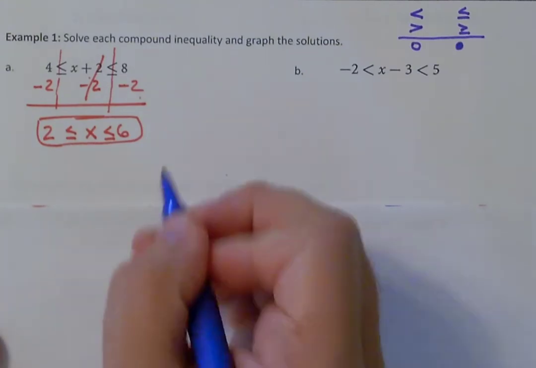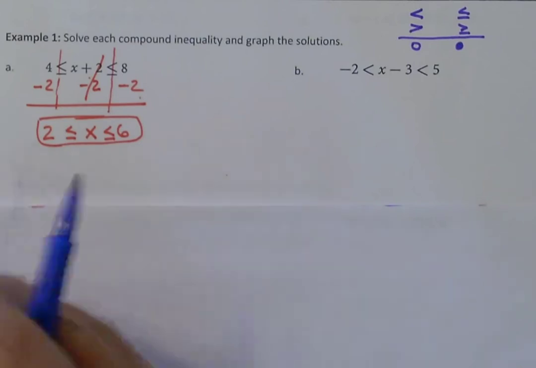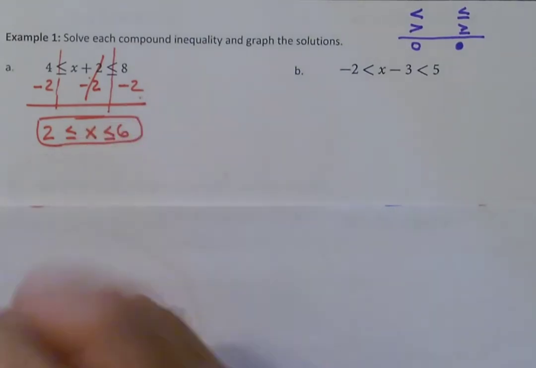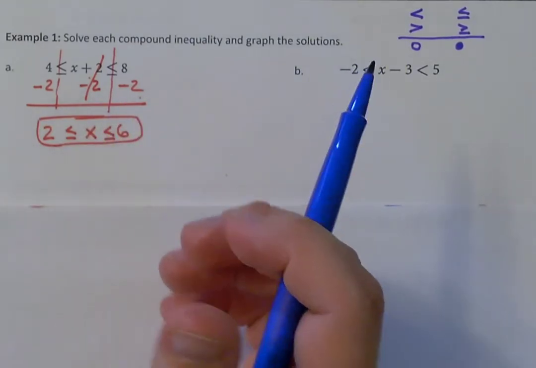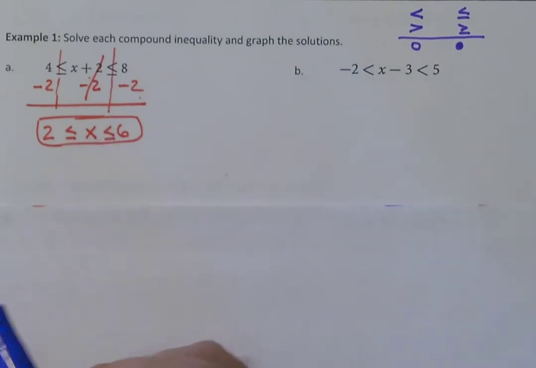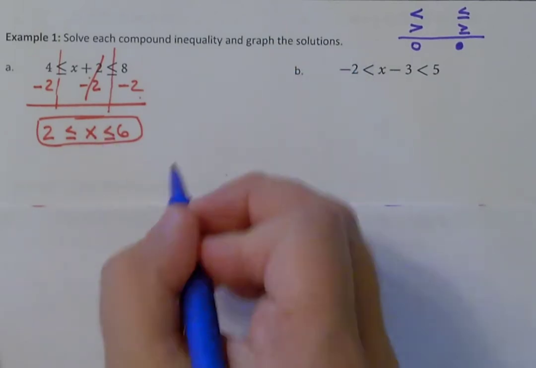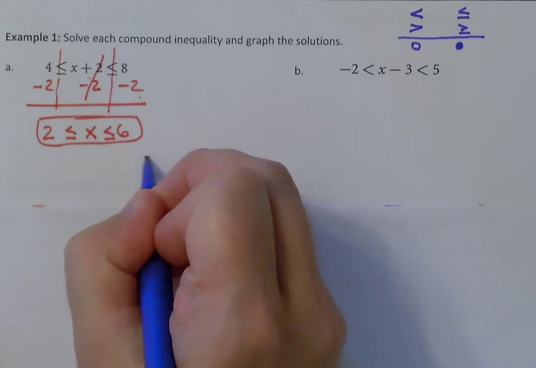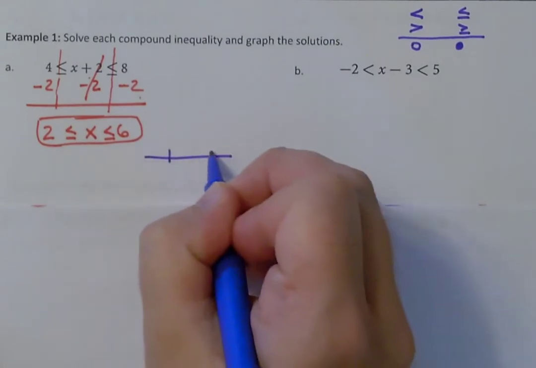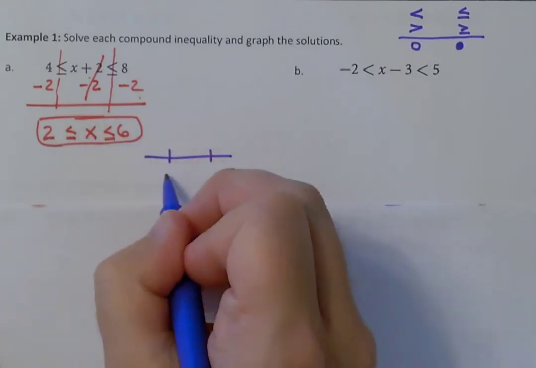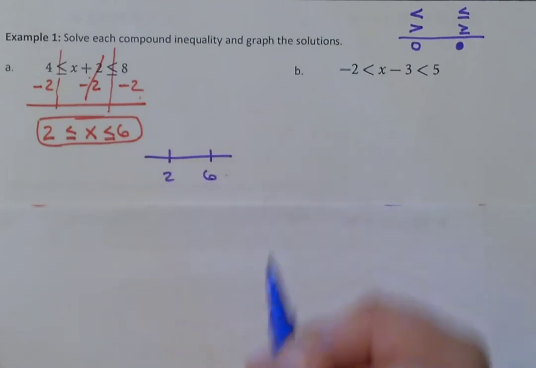To graph this, your graphs on my.hrw.com are going to be a little bit more complex, or on a quiz I'm going to do a more simple one. So we're going to draw our number line. My two endpoints are 2 and 6.